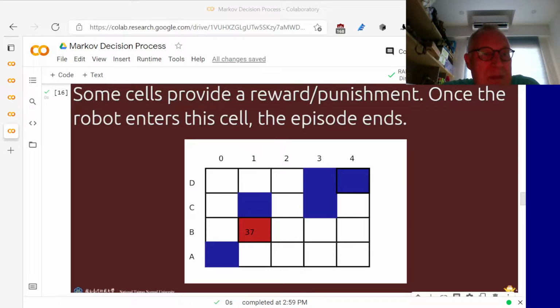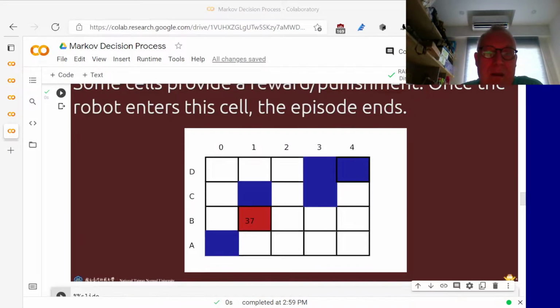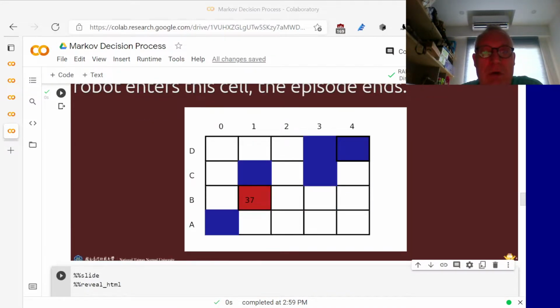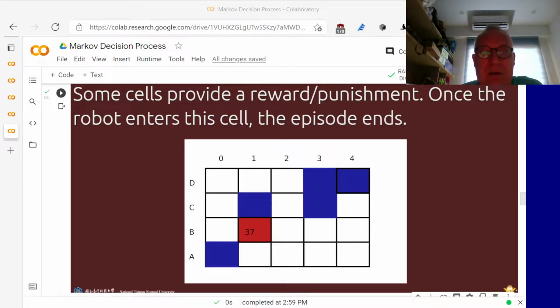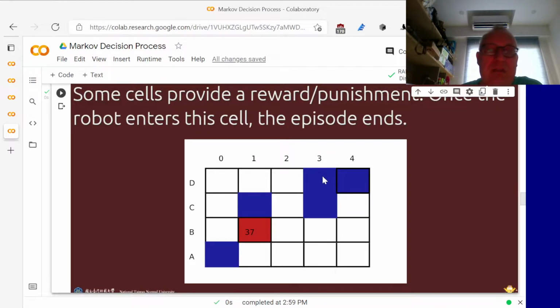Okay, the states, what do the states represent? The states represent the position that the robot can be in, basically in the world, in the environment. So in this case, that means every white cell or red cell, I guess we can count the red cell as well, would correspond to one state. So D0, D1, D2. D3 is not a state because the agent cannot possibly be on top of the obstacle.